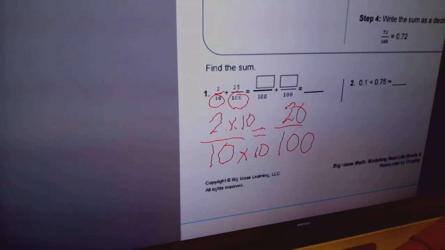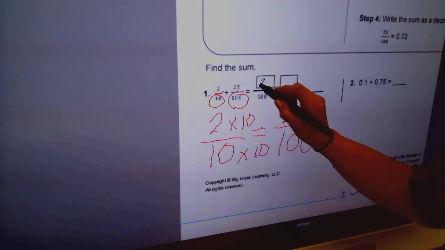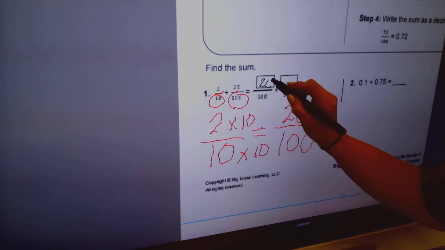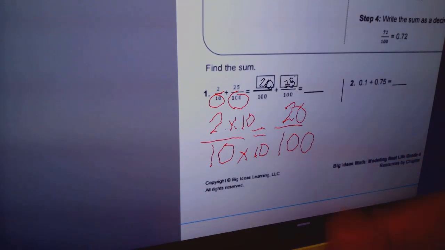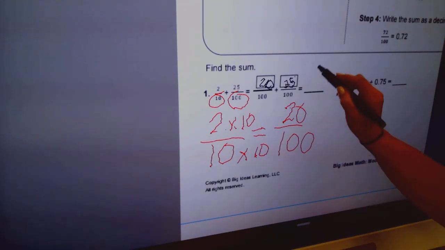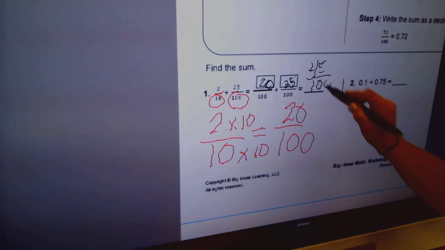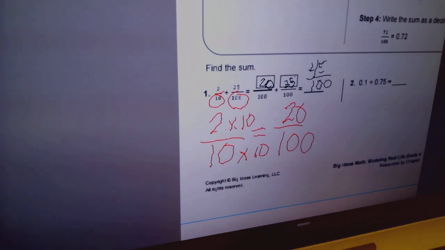So then I would add 20 hundredths and 25 hundredths, and I would get 45 hundredths. Okay, I see 45 now. All right? So that's how we will be adding these fractions together.